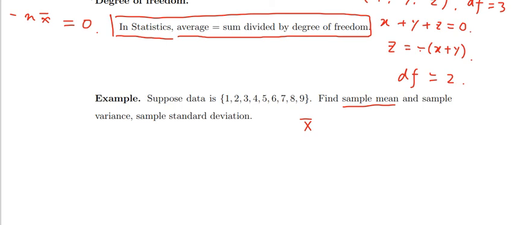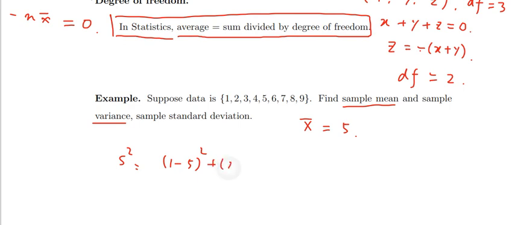This is just not real data, the artificial data. So this is really easy, just the middle one, x bar equals 5, right? So what is sample variance, what is S squared? S squared equals each one minus average, squared. So first one minus average squared, so 1 minus 5 squared.